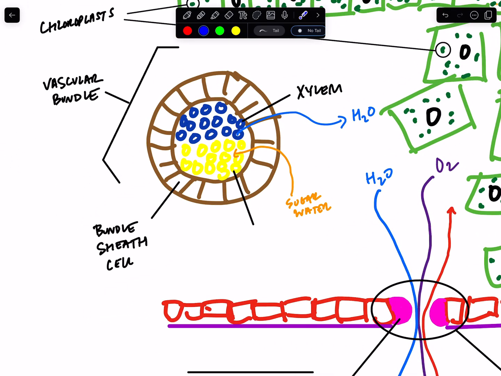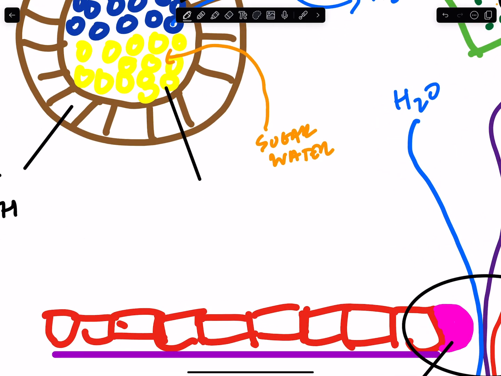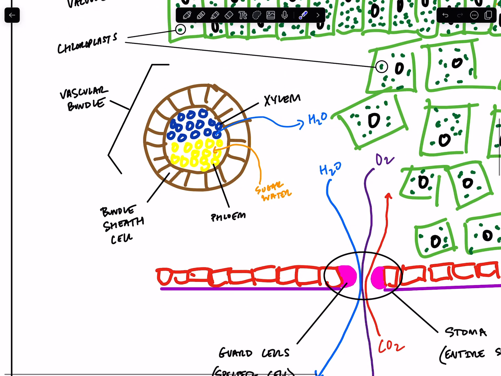Okay, and then the last structure within the vascular bundle is called the phloem. And the phloem is responsible for taking the sugars that are produced in photosynthesis and dissolving them in water, and then transporting that sugar water to all the other areas of the plant that are not doing photosynthesis.